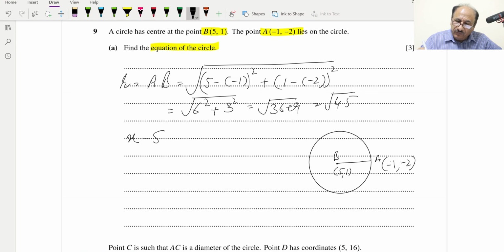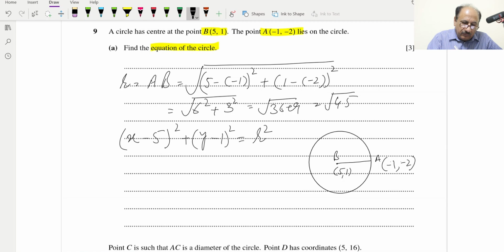So we write (x minus 5) squared plus (y minus 1) squared is equal to r squared.